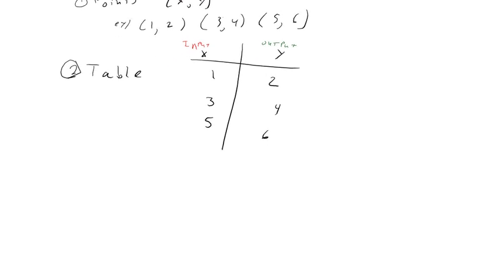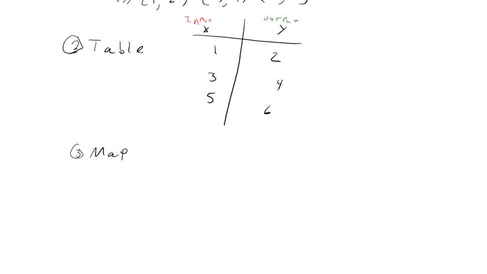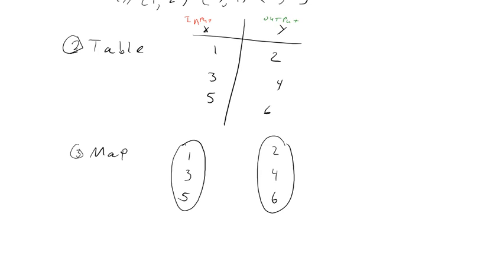A third way is something called a mapping diagram. And you can map these, for example, if I have all my inputs, 1, 3, and 5, all together, and all my outputs together, 2, 4, and 6, I can draw a connection. I can say, well, 1 goes to 2, 3 goes to 4, and 5 goes to 6, right?